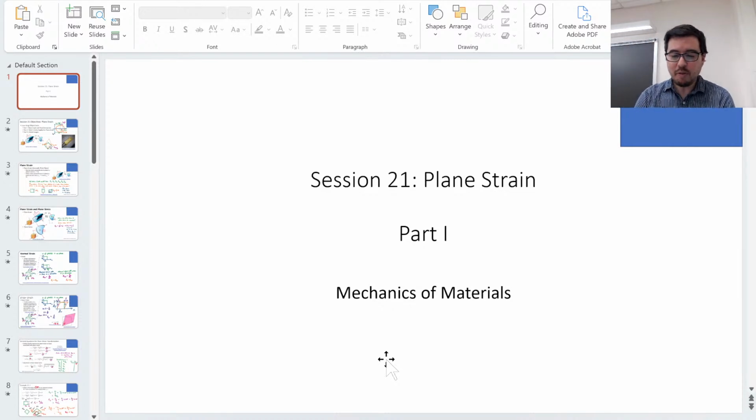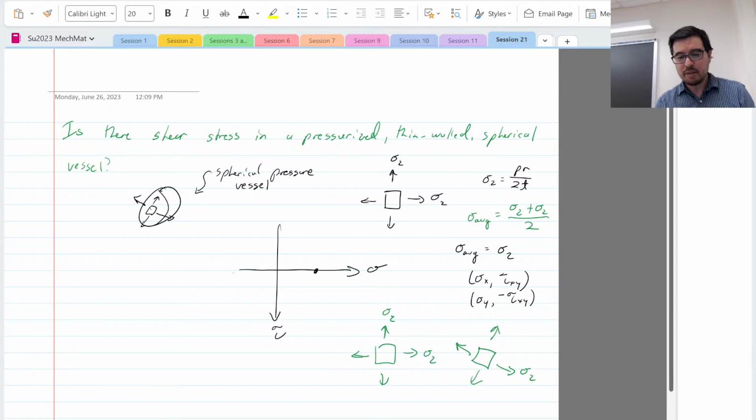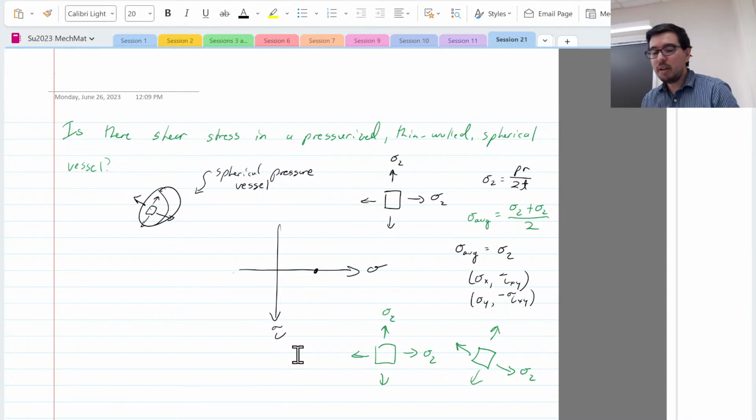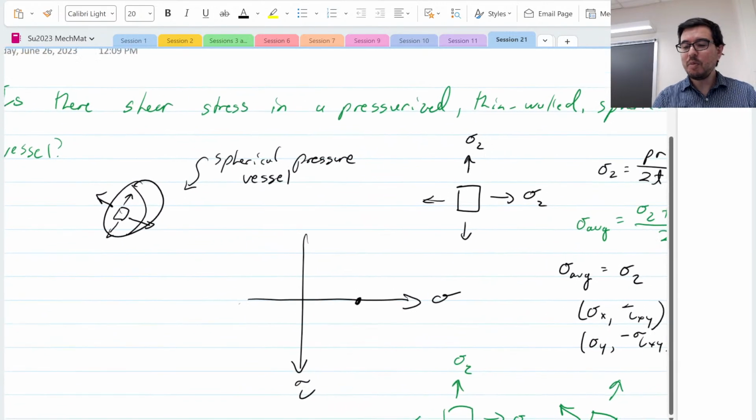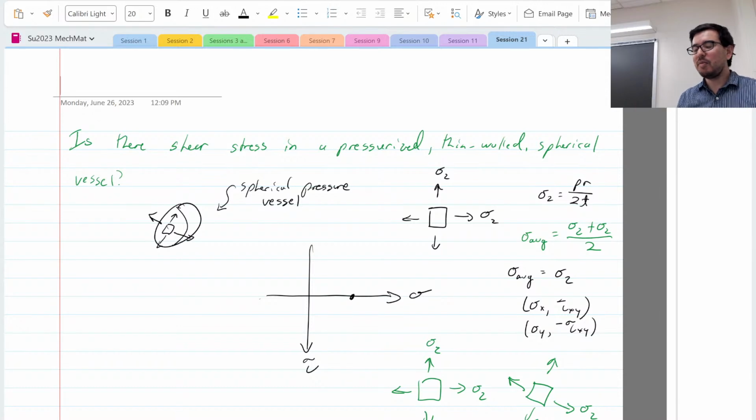But before we discuss plane strain, I'd like to point out something that came up in the chat about this problem. We've had multiple discussions in the group about the spherical pressure vessel. What is the max shear?